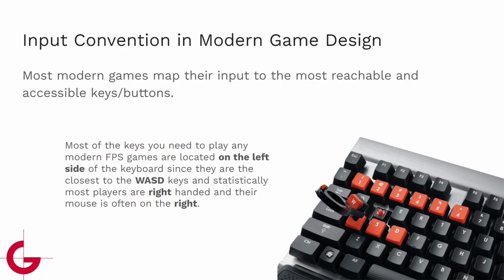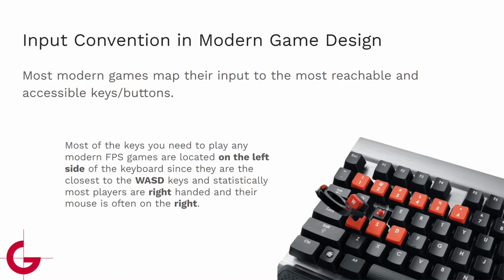So you might have noticed the WASD setup leads to most of the keys that we use in our game being located on this side of the keyboard, right? Usually shift for run, control for crouch, R for reload, the number row for selecting weapons.